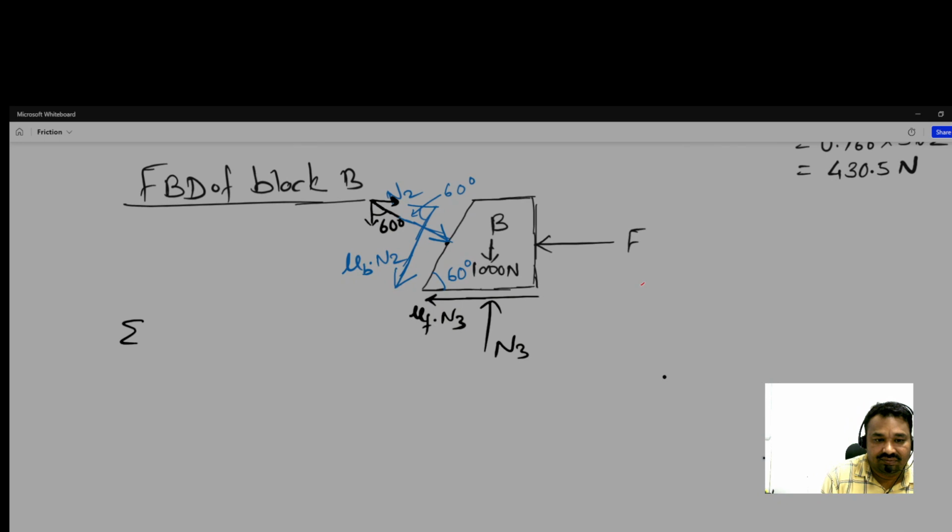So summation of Fx is equal to 0. Then see the force direction, F with minus, and the frictional force, this one, mu F multiplied by N3, and what about this force?